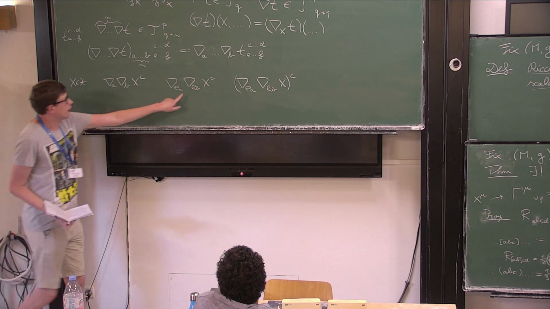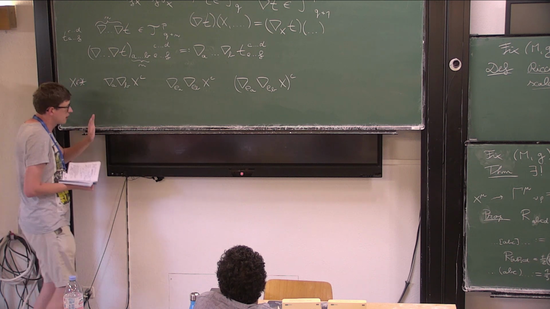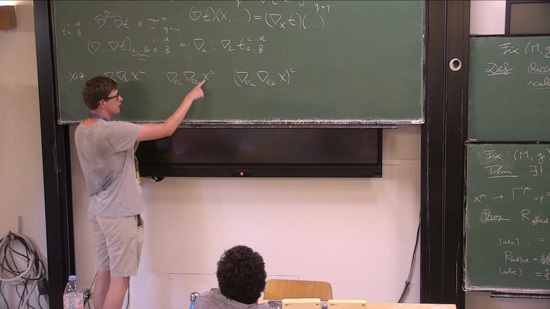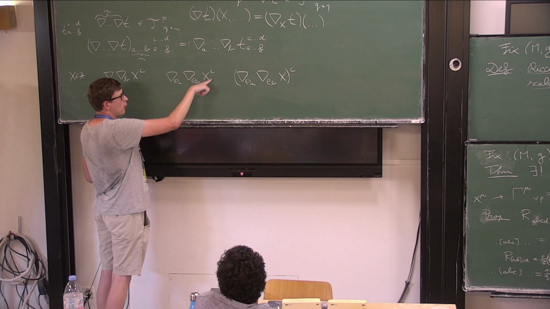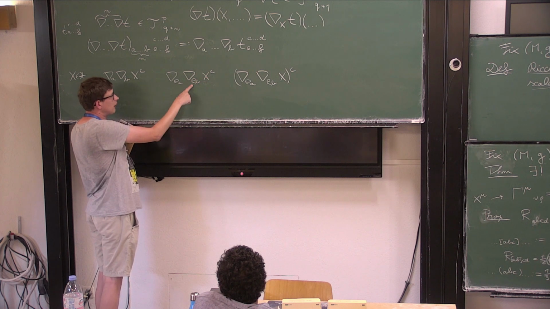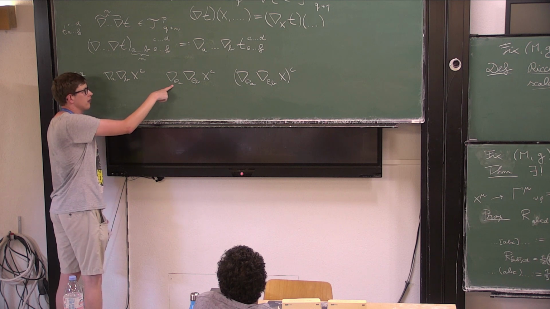If I am a purist and follow the directions I have, this thing is just a component, so it is a function, a component of your vector field, and then I'm differentiating it in this direction, and differentiating the result in this direction.